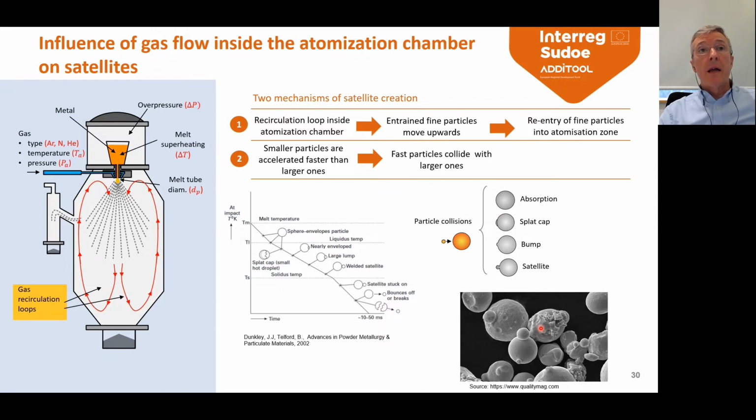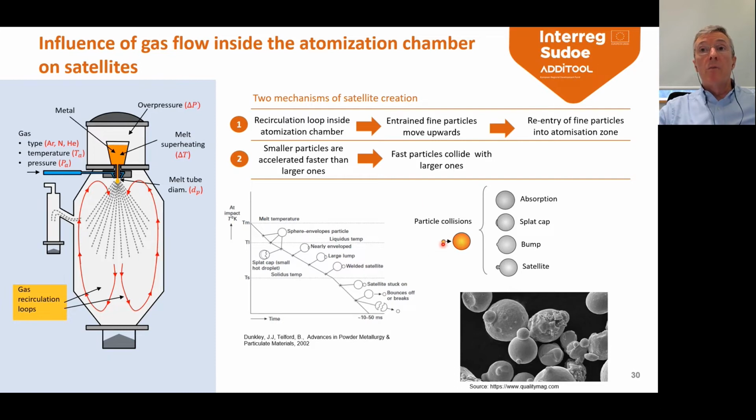Finally, satellites are something which is undesirable because it is in detriment of flowability. And the cause for satellites is the flow inside the atomization chamber. Basically, you have a very high-speed gas going down, and very often, I would say almost always, you have recirculation loops that train the very fine particles to the upper part, and what happens is that there are particle collisions.